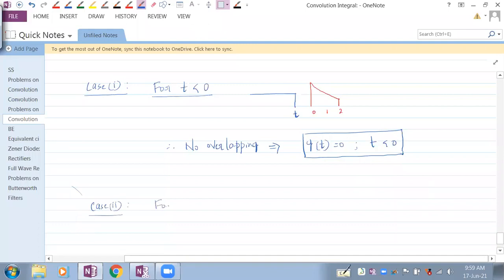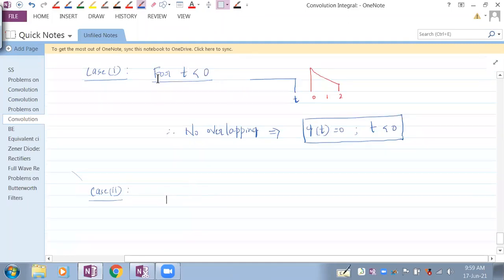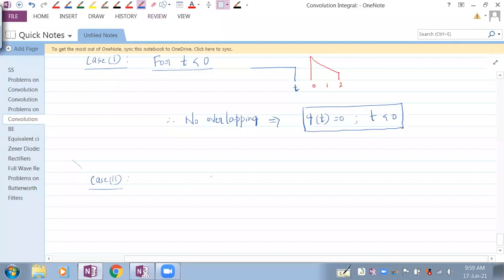Let me write this, and then we shall understand this case. Fine. So that is this. This is your stationary signal in red, 0, 1, 2. And this is your moving signal. And now the moving signal will go here and stand here somewhere.